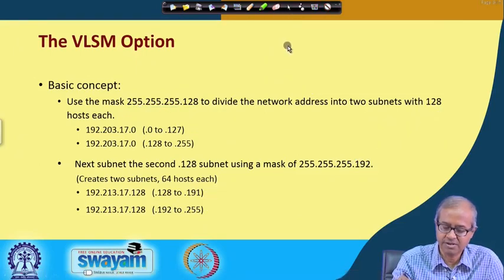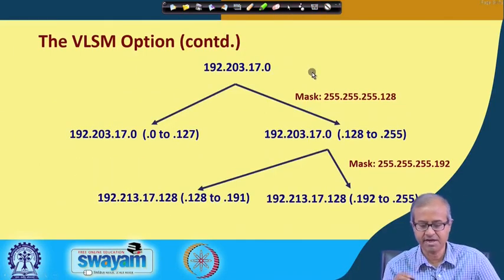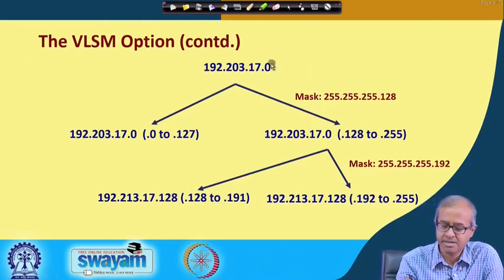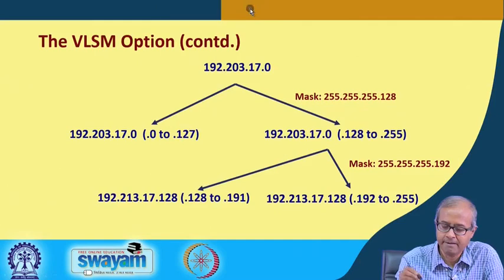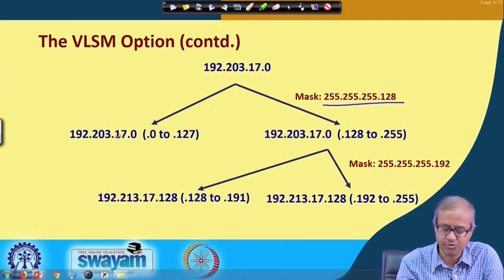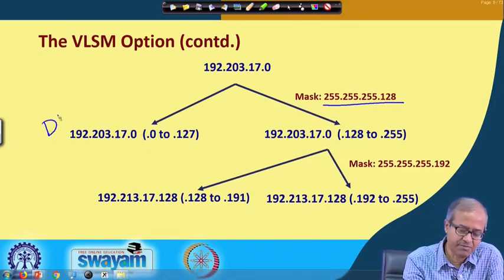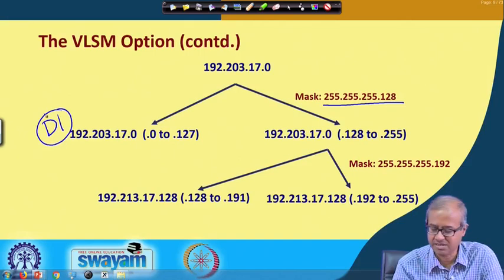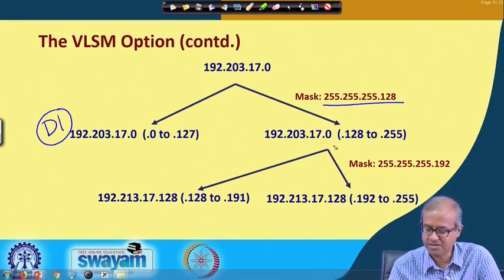Let me show it diagrammatically. This was my original class C. First I use a mask of this, I divide it into two parts. One part I assign to department D1, D1 is done. The next part, where the host address is 128 to 255, I use the second mask.